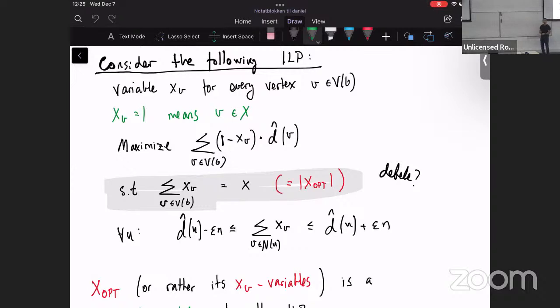And now what I want to do is pick some set S with the following property.